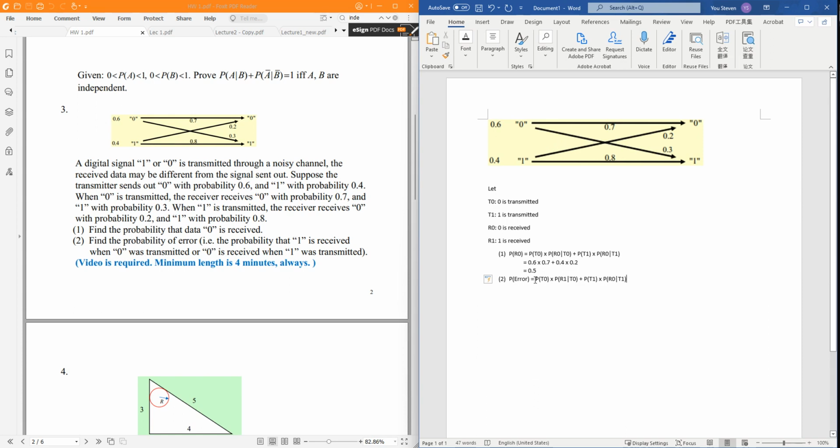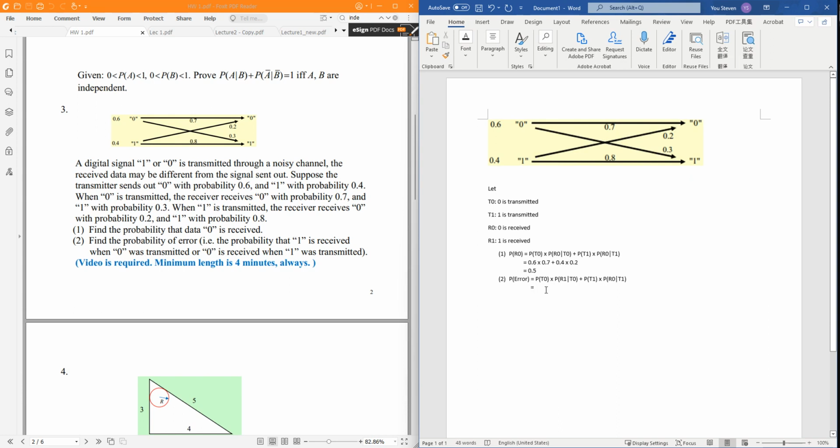Okay, so this line in the graph is, it wants to send a 0 but it receives a 1, and it wants to send a 1 but it receives a 0.